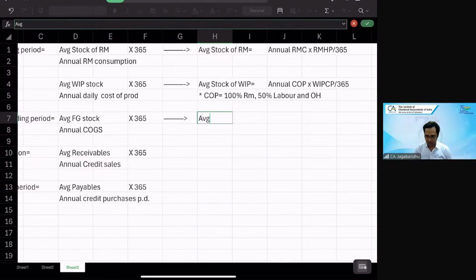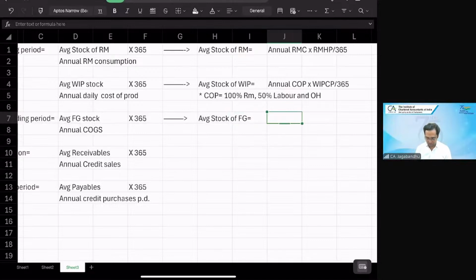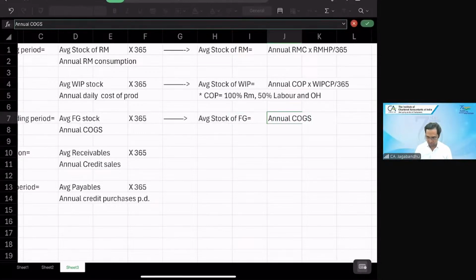Okay, so this is the average stock of finished goods. We can get the average stock of finished goods as annual COGS multiplied by finished goods holding period divided by 365, or you can also say annual cost of production into finished goods holding period divided by 365.